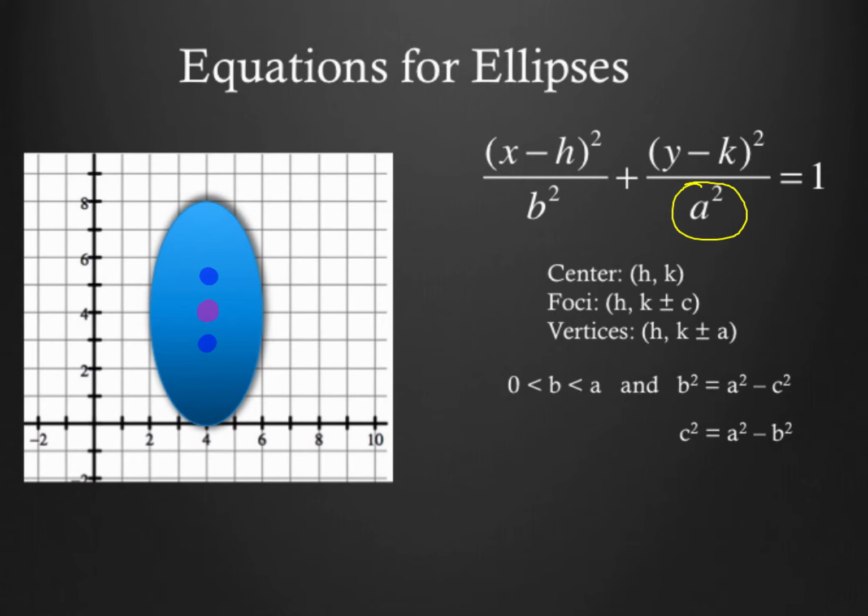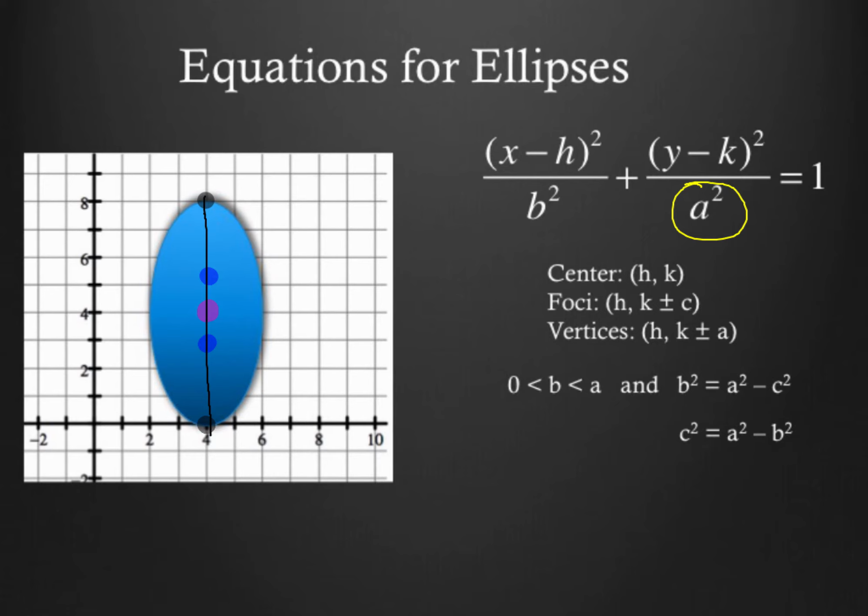But then your vertices, again, they're going to be below and above the center, and the line that would be the major axis, because that's going to be containing the center, the foci, and the vertices. The major axis, in this case, is parallel to the y-axis.